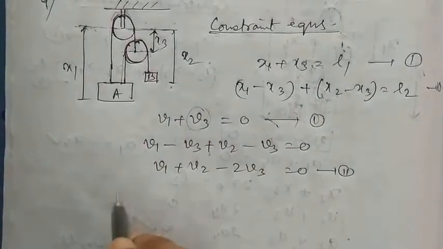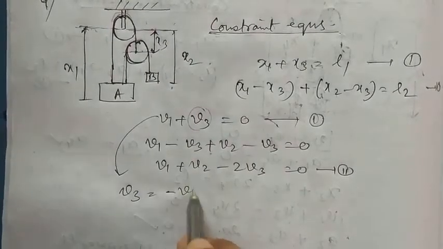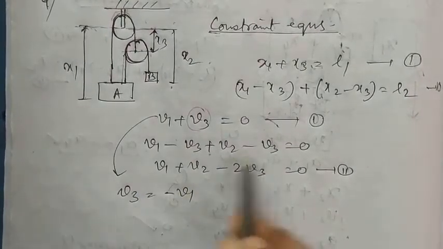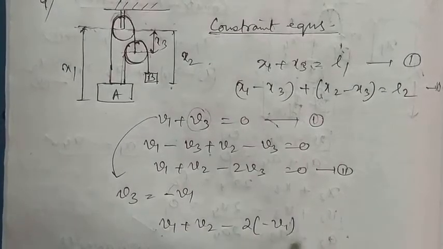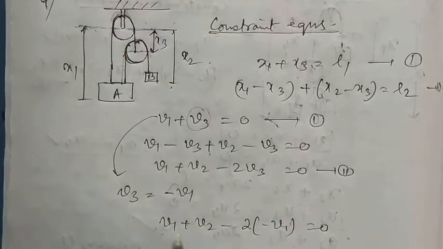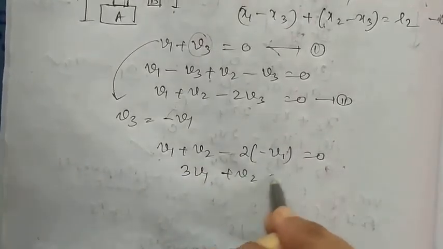Now v3 is equal to minus v1, and we replace this in the second equation. So v1 plus v2 minus 2 into minus v1, so plus 2v1, becomes 3v1 plus v2 is equal to 0.